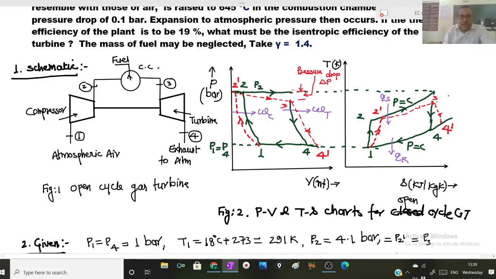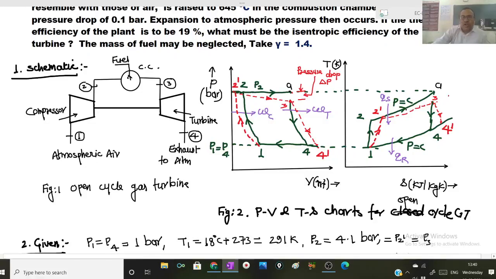2 to 3, let's say, represents isobaric heat addition, whereas 2 dash to 3 represents actual heat addition in the combustion chamber. 3 to 4 represents isentropic expansion in the gas turbine, whereas 3 to 4 dash represents actual expansion in the turbine, and 4 dash to 1 represents heat rejection to the atmosphere.